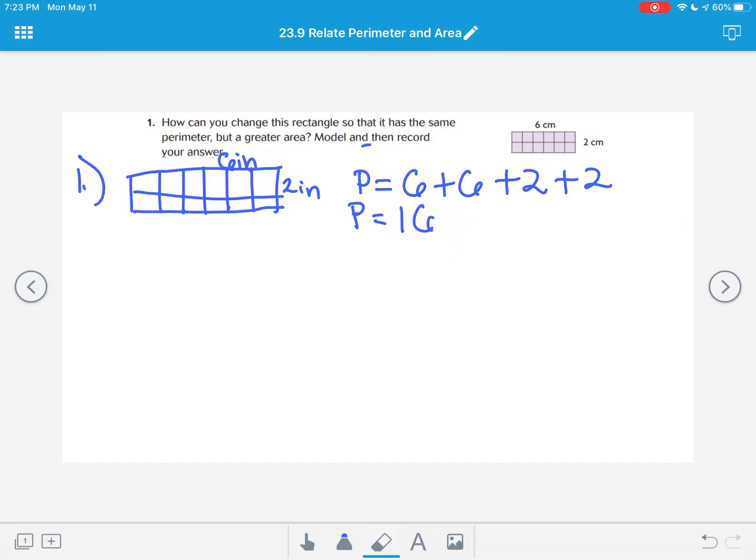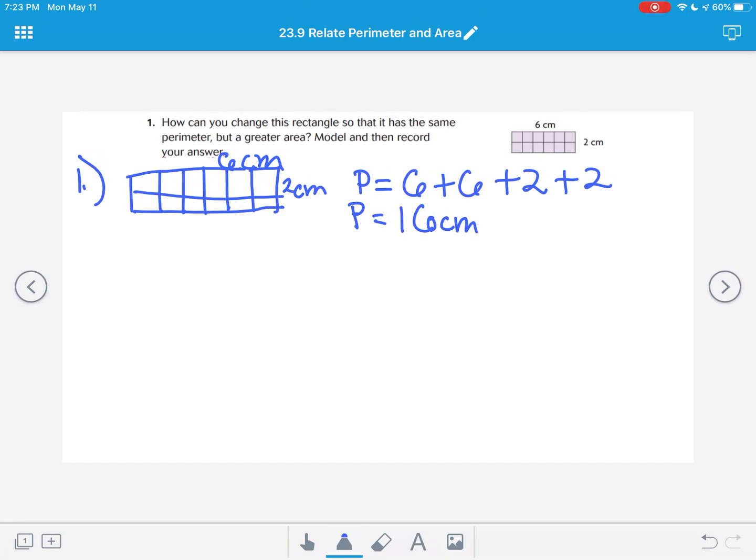Oh, I'm sorry, not inches, centimeters, 16 centimeters. So for this problem, we want to create a figure that has the same perimeter. So that means all the way around the side lengths need to equal a total of 16 centimeters, but we need it to have a greater area.